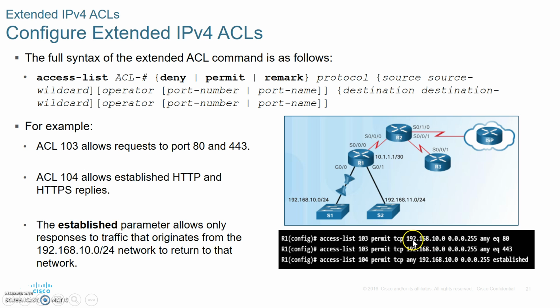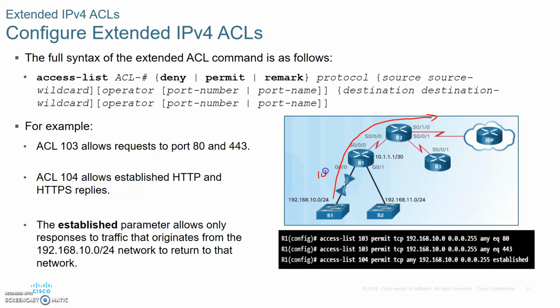I only need to verify the source came from 192.168.10. Any source port? There's no source port. Any destination port? Yes, the destination port must be equal to 80. So if I receive a packet with source IP 192.168.10 and destination port 80, what do I do? I permit. And this ACL is configured on R1 going in. The direction looks like this.